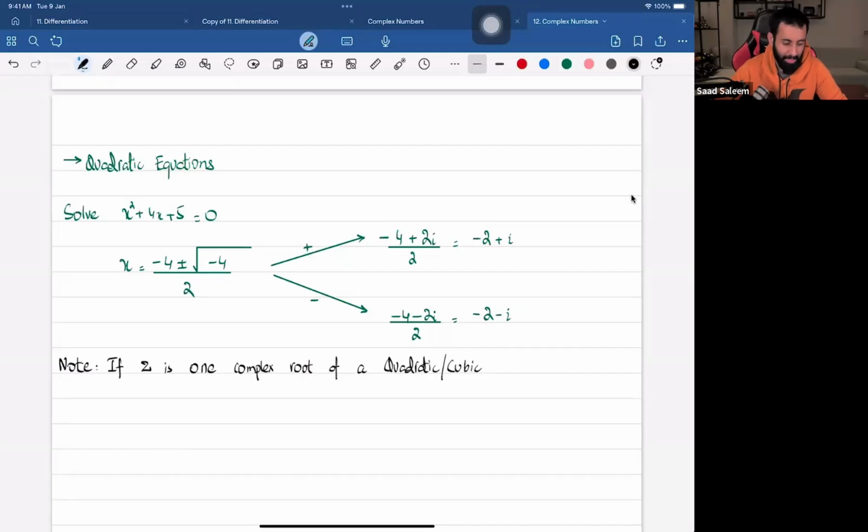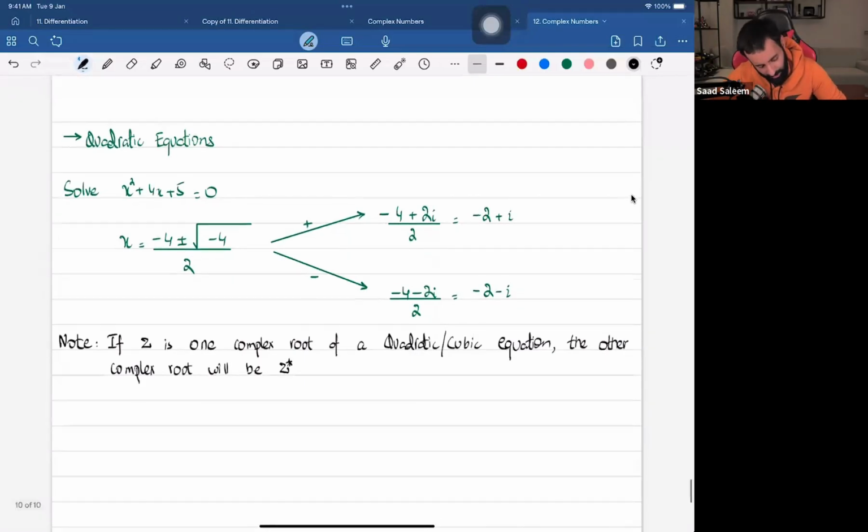The other two roots you get by solving a quadratic equation. So even a cubic equation boils down to a quadratic equation. So if z is one complex root of a quadratic or a cubic equation, the other complex root will be z star, which means z conjugate.